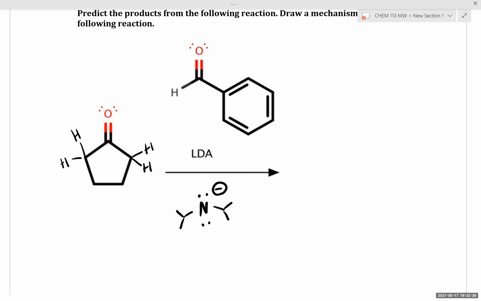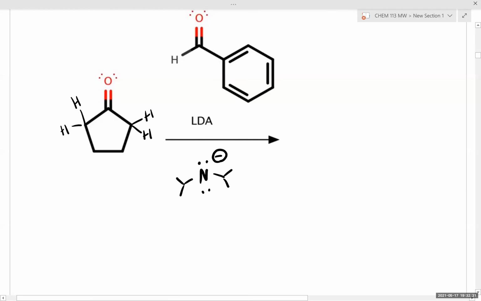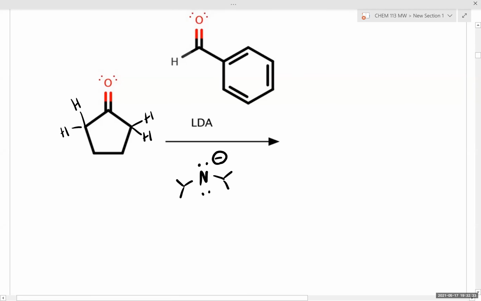As we work through this example over the next 4 to 5 minutes, don't be shy to share your thoughts in the chat verbally or annotate it onto the class whiteboard. Does anyone have an initial idea for the proposed mechanism for this reaction? Would anyone like to share or annotate their proposed mechanism for this aldol reaction?